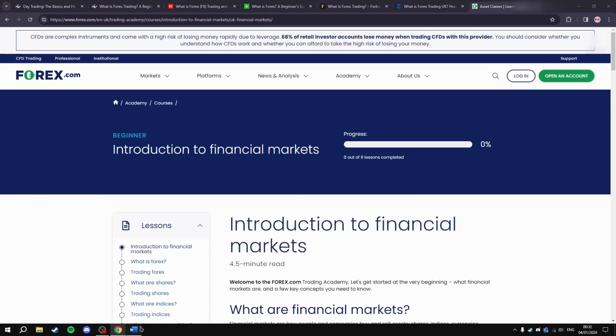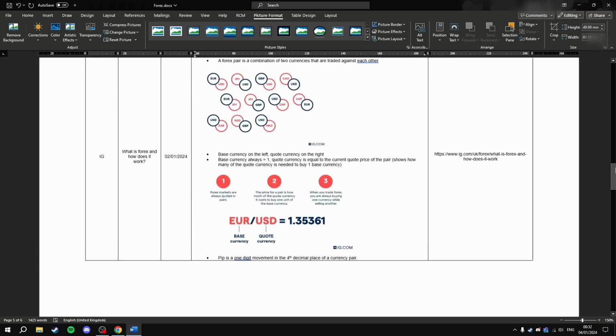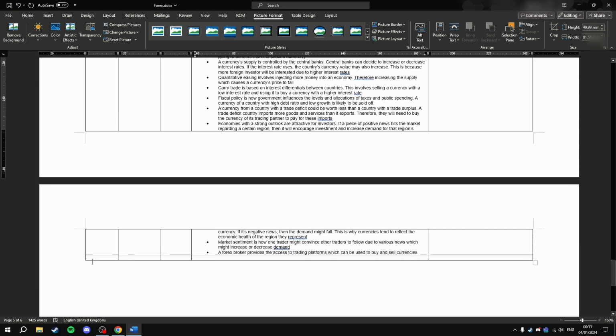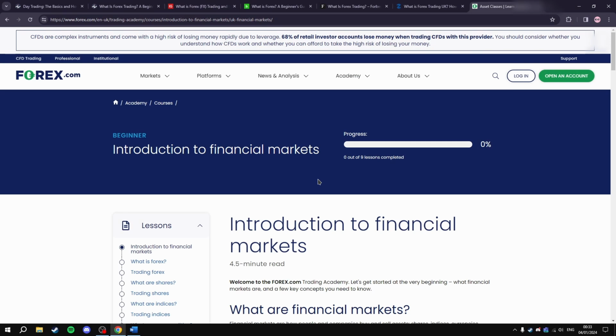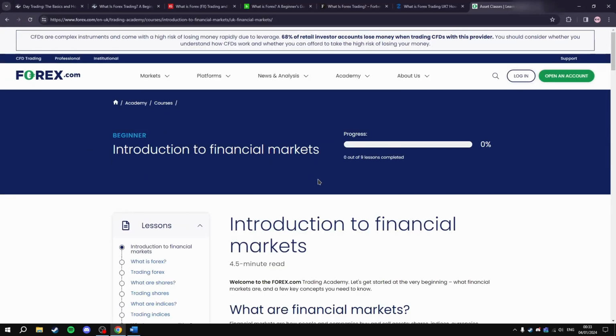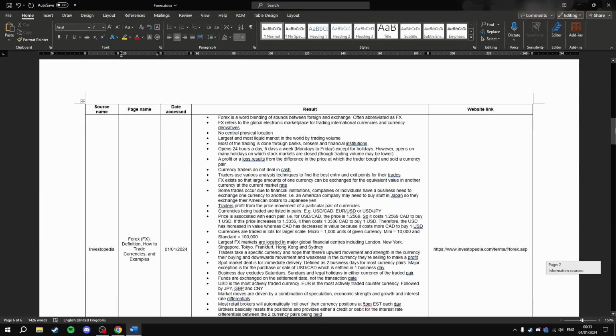So this is from, let's make a new list. Where is this called? Source name. This is the official Forex.com page name.